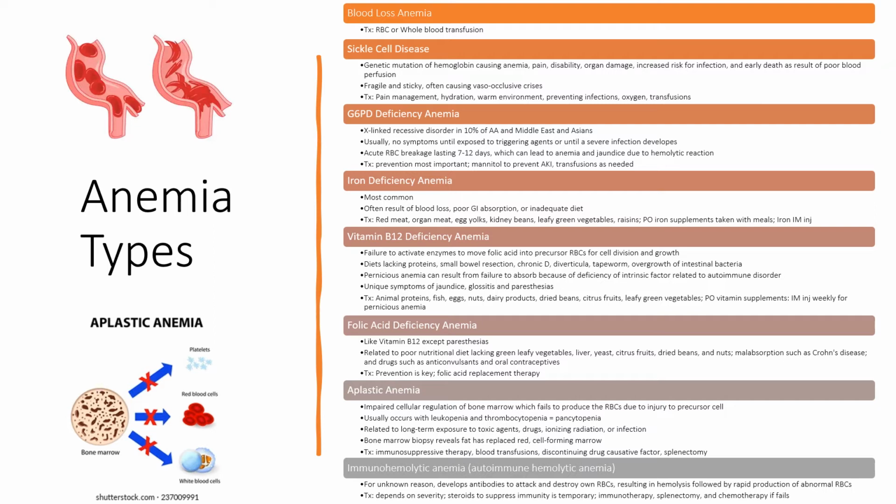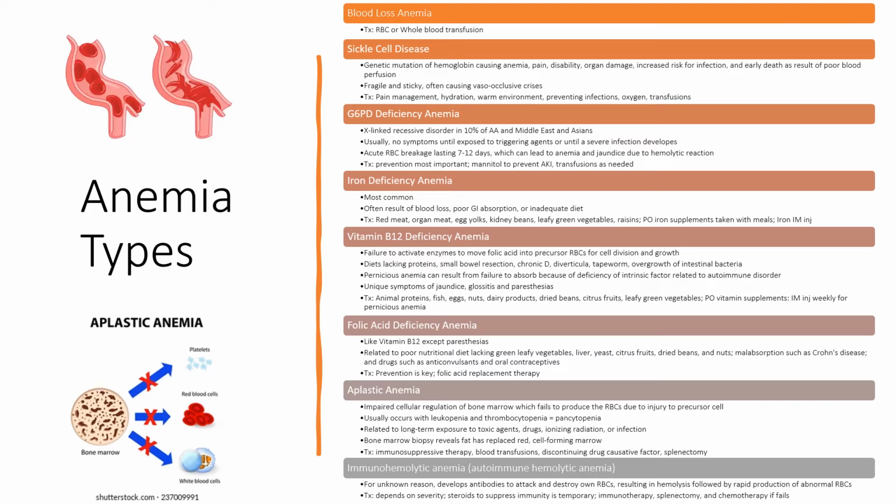So sometimes this is an issue because they're folic acid deficient that's causing the vitamin B12 deficiency. So there could be a couple of different reasons for vitamin B12 deficiency. Diets lacking proteins, clients that have small bowel resections or chronic diarrhea, diverticula, tapeworms, or an overgrowth of intestinal bacteria are usually these type of clients.